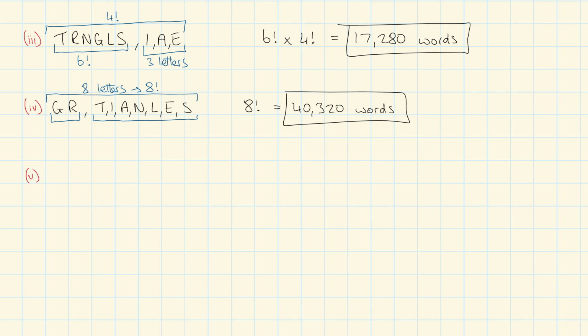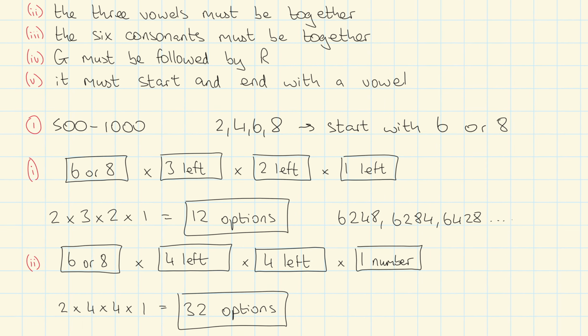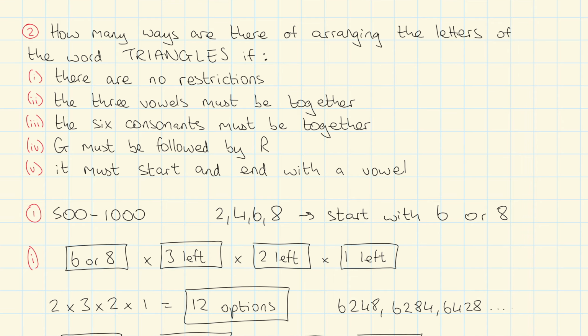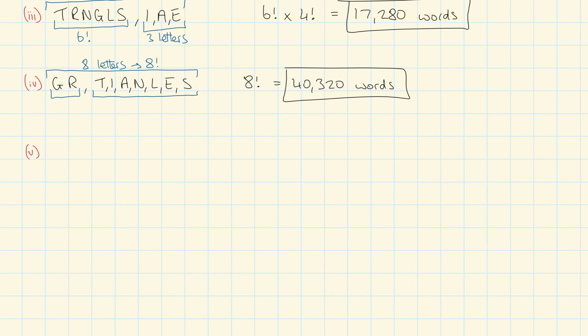And our last one now for part 5. We're asked it must start and end with a vowel. So my vowels are I, A, and E, and my consonants, we have T, R, N, G, L, and S. If it has to start with a vowel, then my first one will be I, A, or E. So for that one we have 3 options, but we're not going to be arranging them, so we won't use factorial.